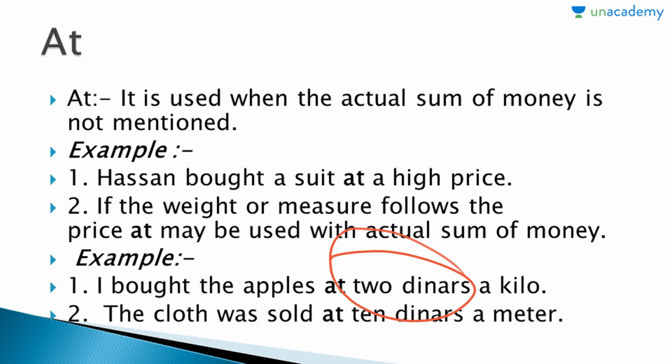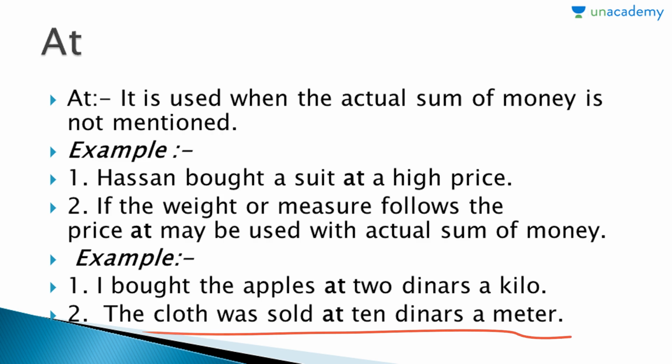But since the sentence includes this part, a kilo, we can use "at" here. So whenever the exact amount is followed by a measure or weight, then we will use "at" and not "for". So the cloth was sold at 10 dinars a meter.